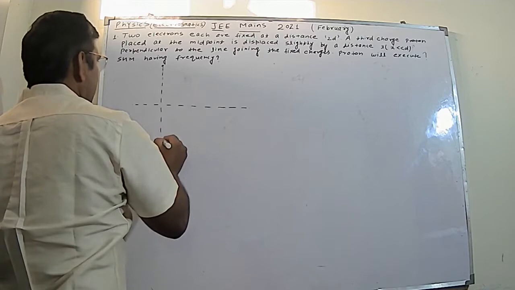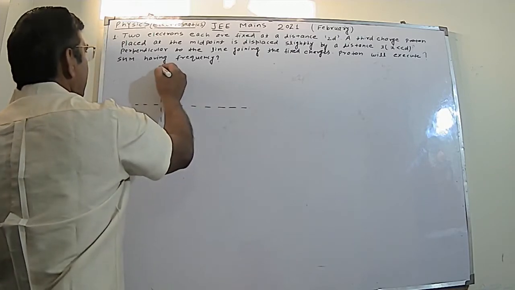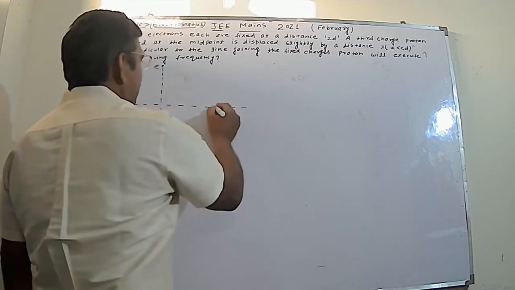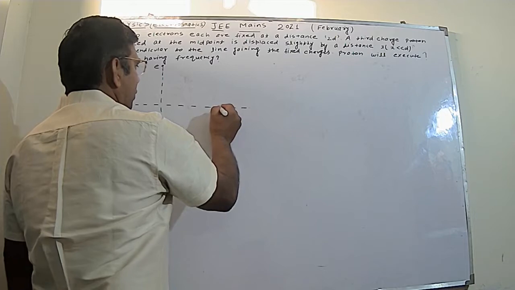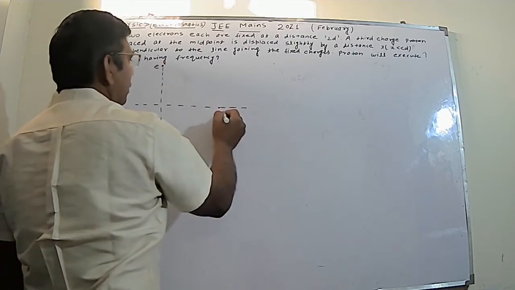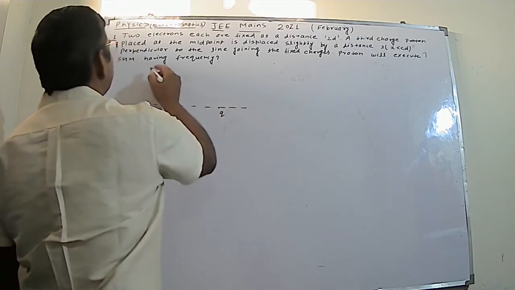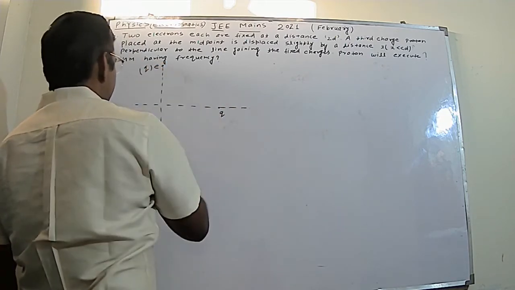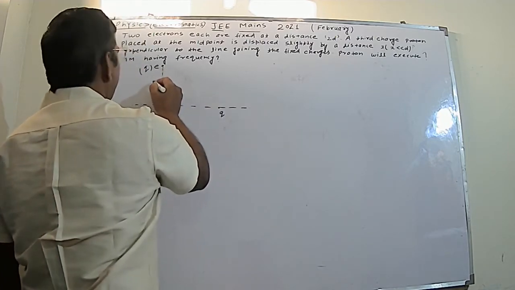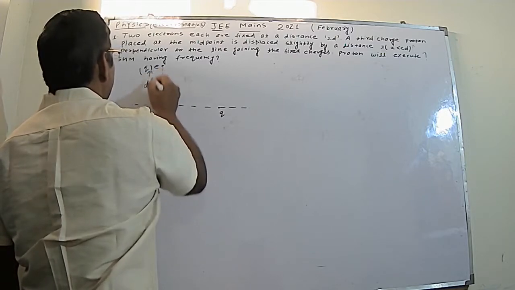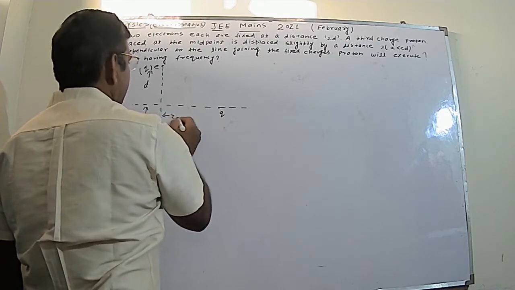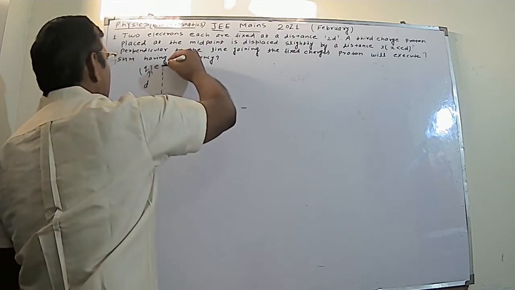So here two electrons are there, and one proton is here. If this is charge q here, and suppose this one is also having charge q, and this is at a distance of 2d, so this is d and this is x.